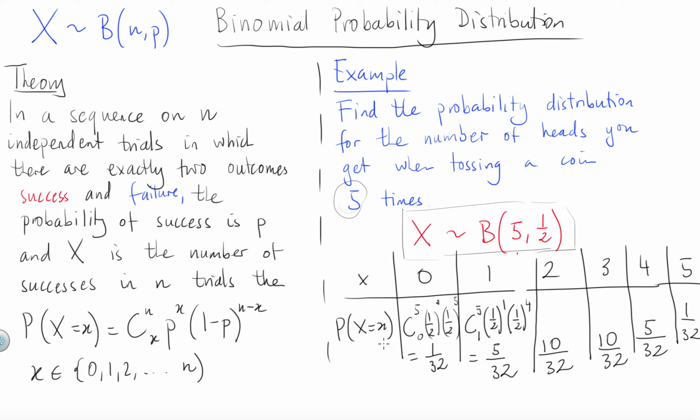So the least likely events are getting no heads or all heads, and the two most likely events are getting either 2 heads or 3 heads. So that's an example of a binomial probability distribution.